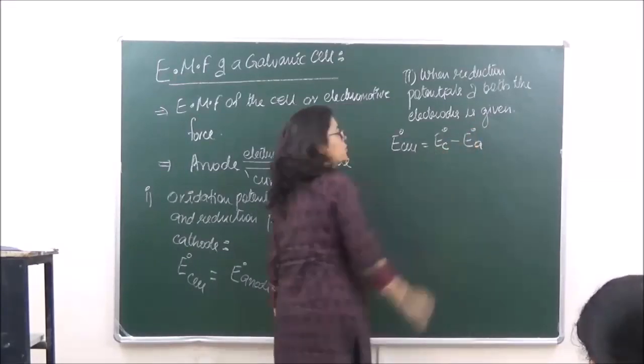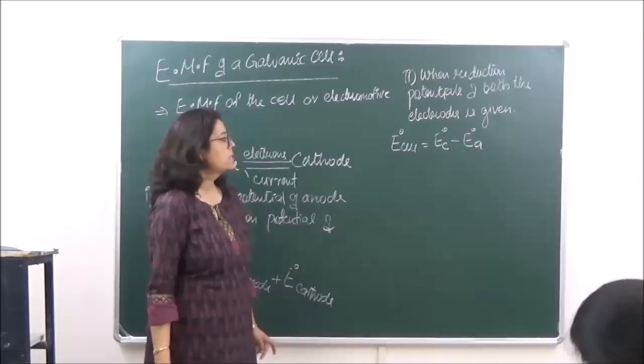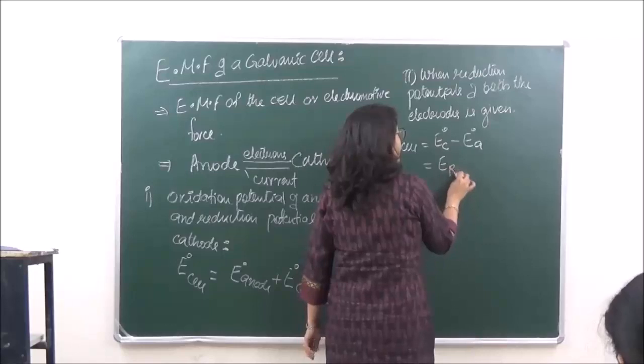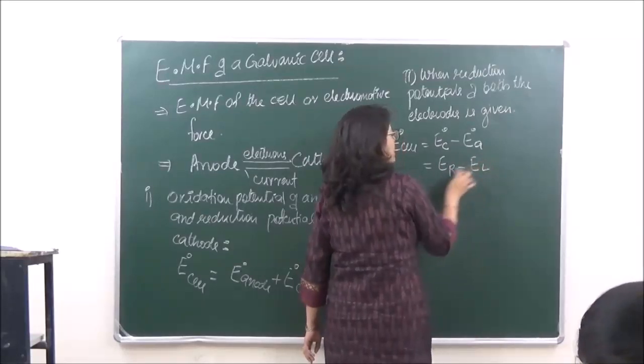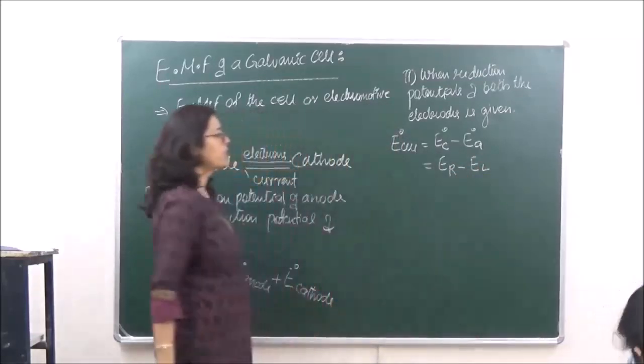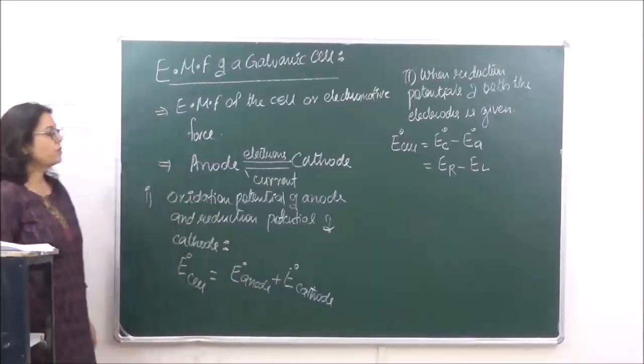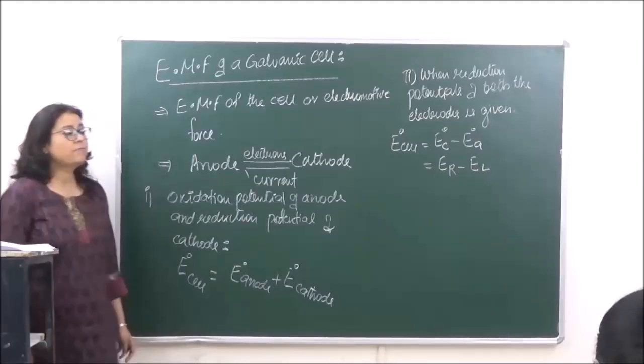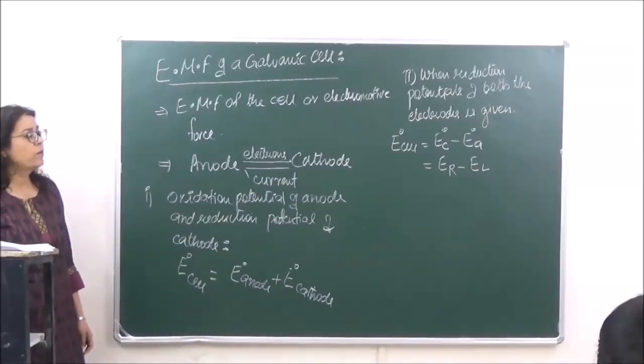The reduction potential of the cathode minus the reduction potential of the anode, or it is also written as E right minus E left. That is the reduction potential of the reduction half cell on the right hand side, minus the reduction potential of the left half cell in which oxidation is going to take place.